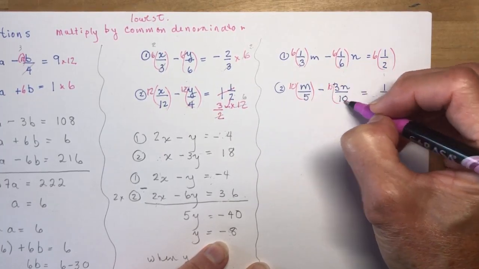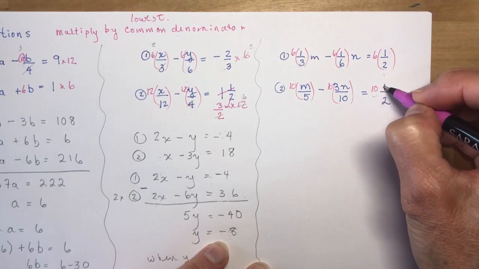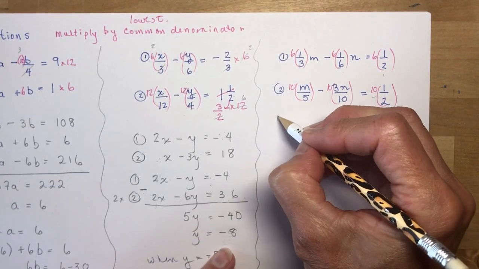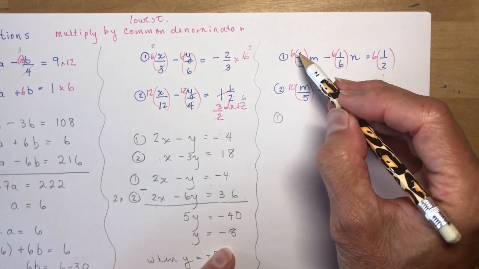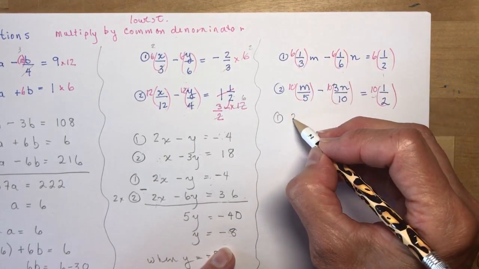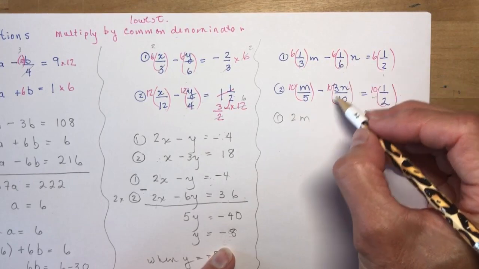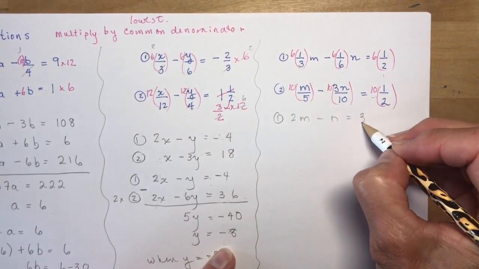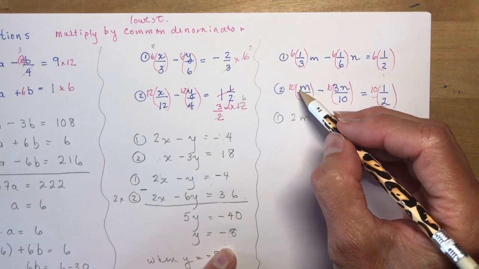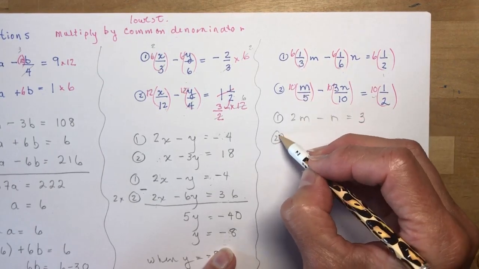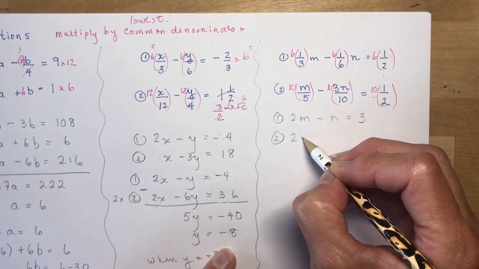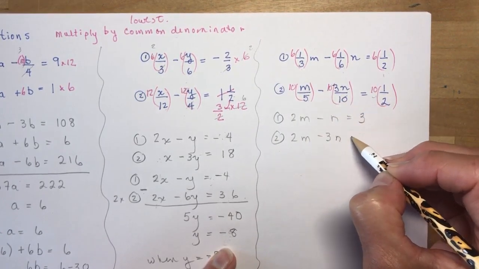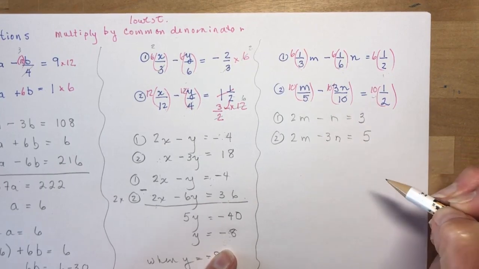So I put 10 here, and a 10 here. Okay, so equation 1 is now going to become 2. 6 divided by 3 is 2, so 2m. This is minus n equals 6 divided by 2 is 3. And equation 2 is 2m minus 3n equals 5.